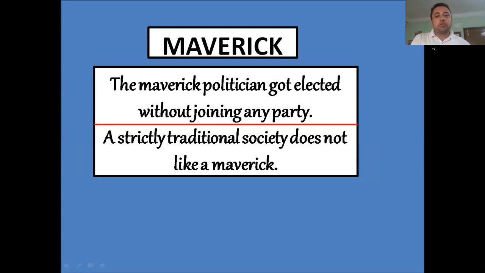The maverick politician got elected without joining any party. An unorthodox politician, unconventional politician, right? A strictly traditional society does not like a maverick. This is used as a noun in this sentence.